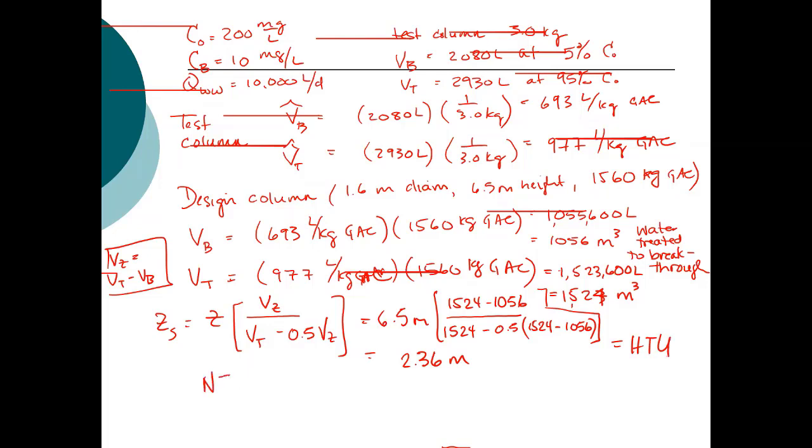The number of transfer units is equal to 6.5 meters divided by 2.36, or 2.76. So note that the height of the column, or Z, is equal to the height of the transfer unit times the number of transfer units.